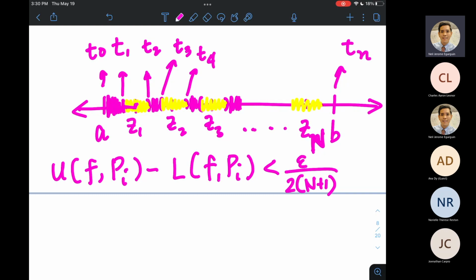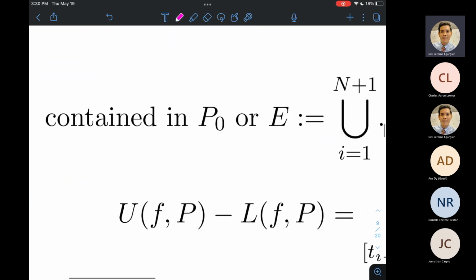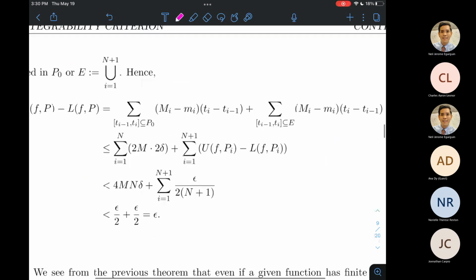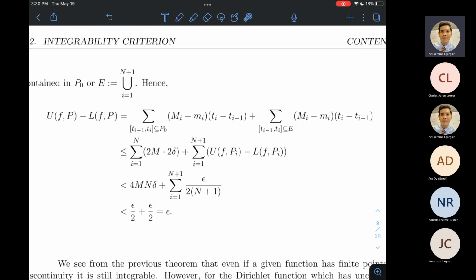So if we will compute the upper Riemann sum minus the lower Riemann sum relative to the partition inducer T0 to Tn, pwede natin yung hatiin sa dalawang parte. Okay? So ito na. Si P ay yung collection ng mga T sub I's. So yung upper Riemann sum minus lower Riemann sum of F relative to the partition inducers T0, T1, T2 hanggang Tn ay pwede kong hatiin sa dalawa.